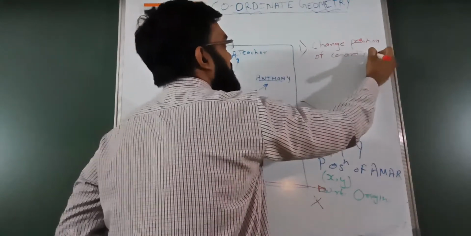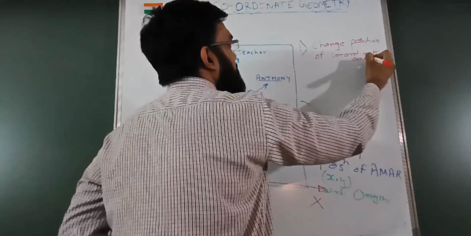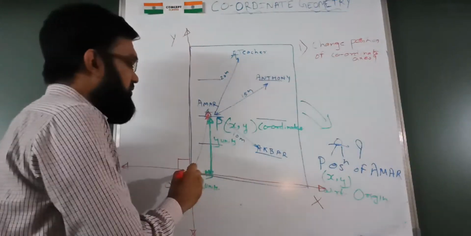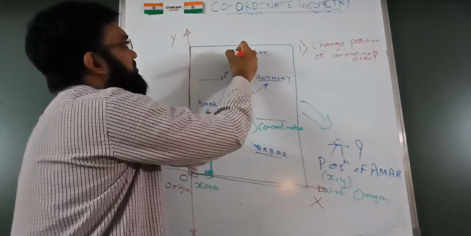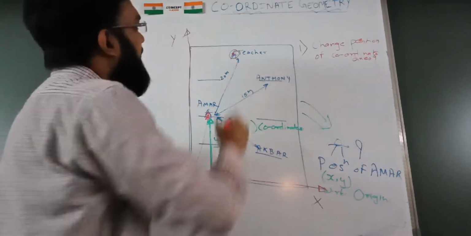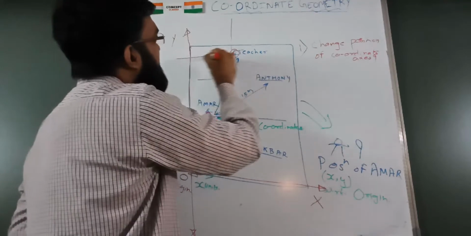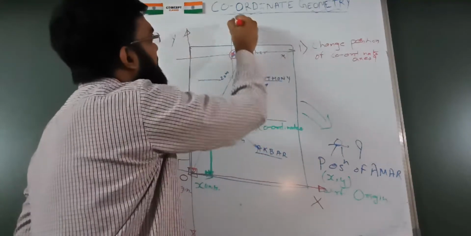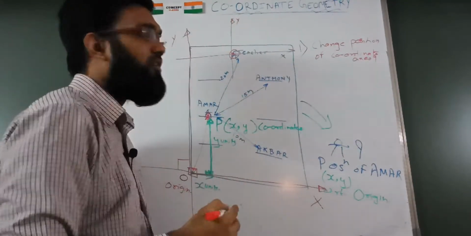Can I change it or not? Suppose what I want to tell is, here we have fixed this point as O. I want to fix the position at the teacher's position. Can I use that position and then define my coordinate axis? Can I do that? That is my first question. I hope you got the question.